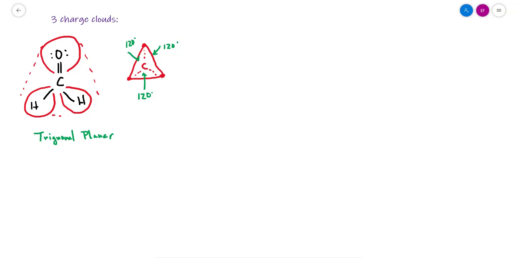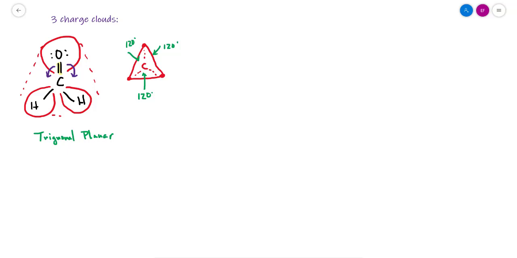Hopefully you are looking at this double bond and you're saying, well, there's 4 electrons there, but there's only 2 electrons in each of these. And so if we're thinking about this as a repulsive force, then there's going to be a little bit more push from these 4 electrons on those balloons than there will be in that other direction.